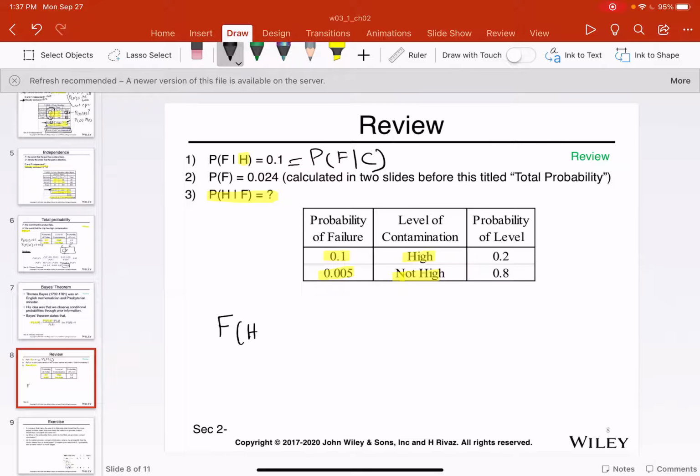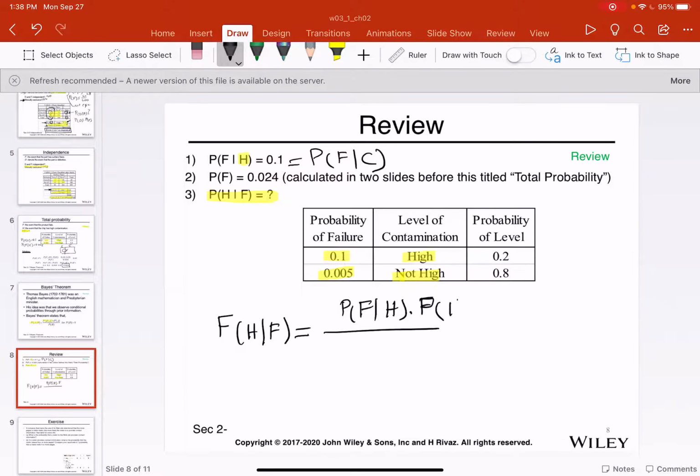Probability of H given F is simply probability of F given H times probability of H divided by probability of F, right? And I mentioned that this total probability is usually hard to calculate, right? So here we are lucky because we did it in the previous example.